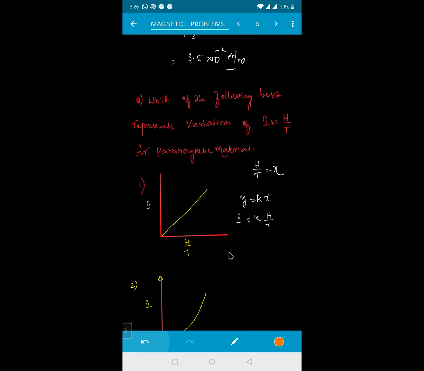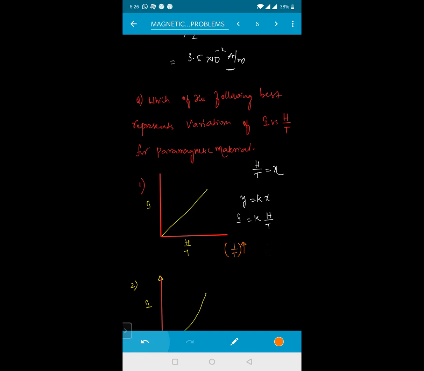So if the temperature is increased, that means 1 by T is increased, what happens to the intensity of magnetization? It will decrease. If 1 by T is increasing, temperature is decreasing, so intensity of magnetization will decrease.